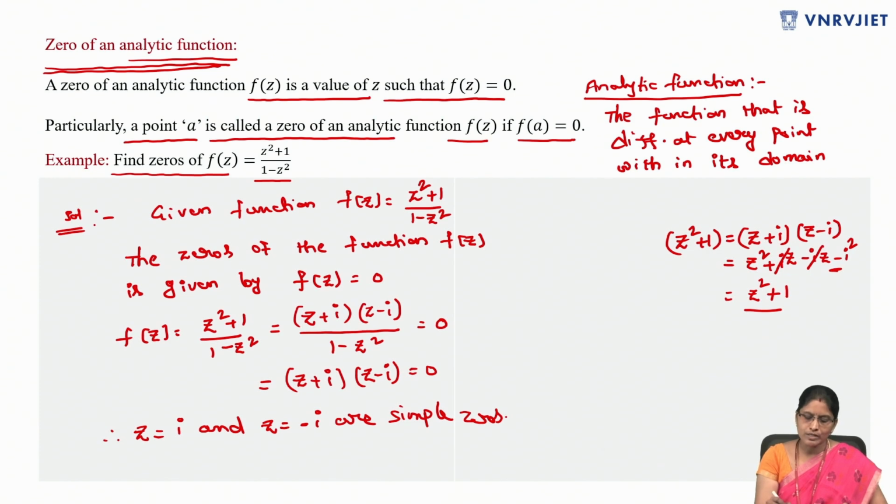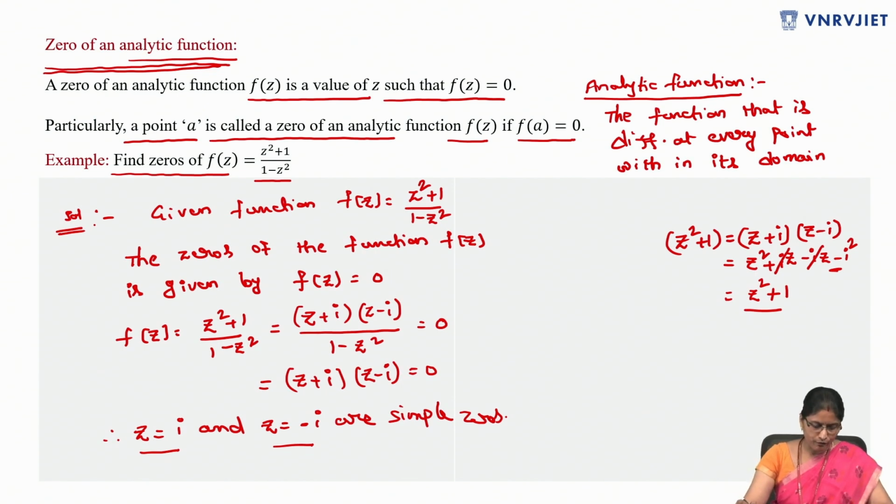Given function f of z is equal to z square plus 1 by 1 minus z square, the zeros are given by f of z equal to 0, so finally z is equal to i and z is equal to minus i are the simple zeros of the given function.